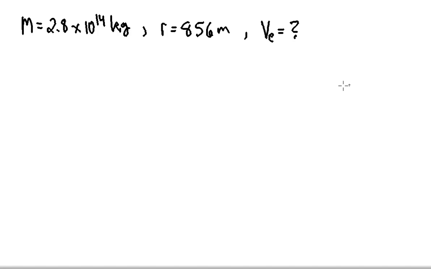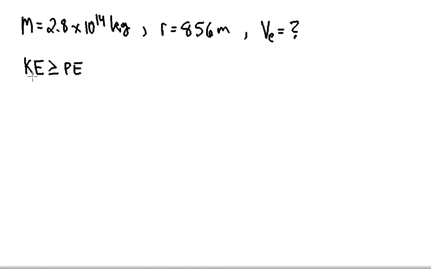All right, so we're going to calculate exactly what velocity it has to have in order for its kinetic energy to exceed or actually be equal to its potential energy. So in order for this to be true, the kinetic energy has to be greater than or equal to the potential energy.